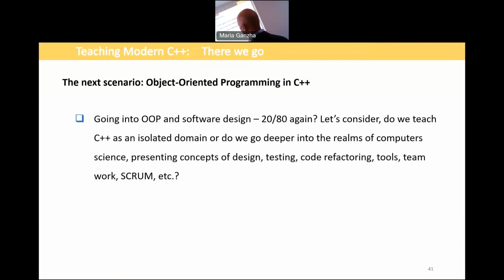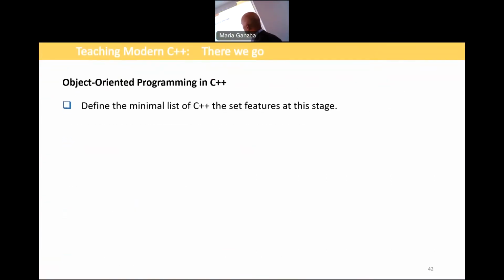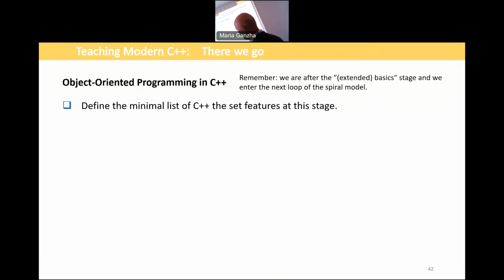So for example, we can provide some concepts of design, testing, code refactoring, tools, teamwork, or even Scrum. We can introduce this to practical work at labs. So students working in teams. And again, we define the minimal list, but remember we are standing on the shoulders of giants. So we can build on whatever was good in the previous stages of teaching.